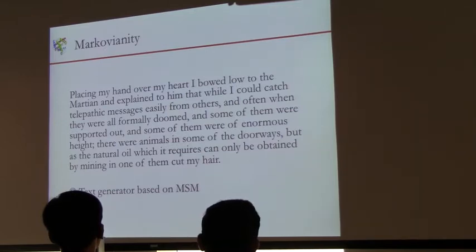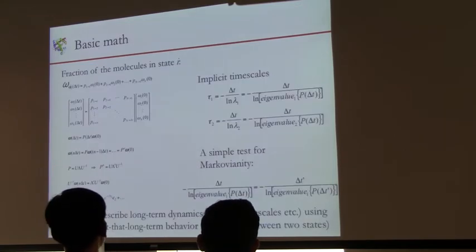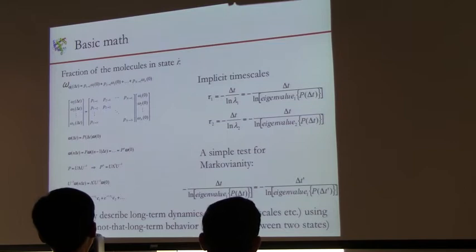So in many cases Markovianity doesn't work. It's very important to remember that this may happen and to make some tests to check that your model is okay. Okay, now let's assume that we have nice Markovianity here, and in this case we can derive some very simple formulas.